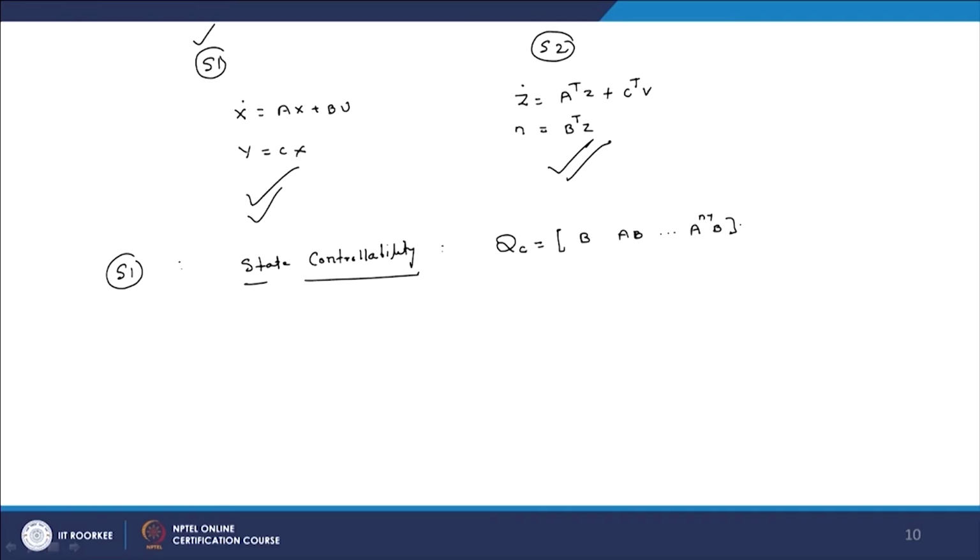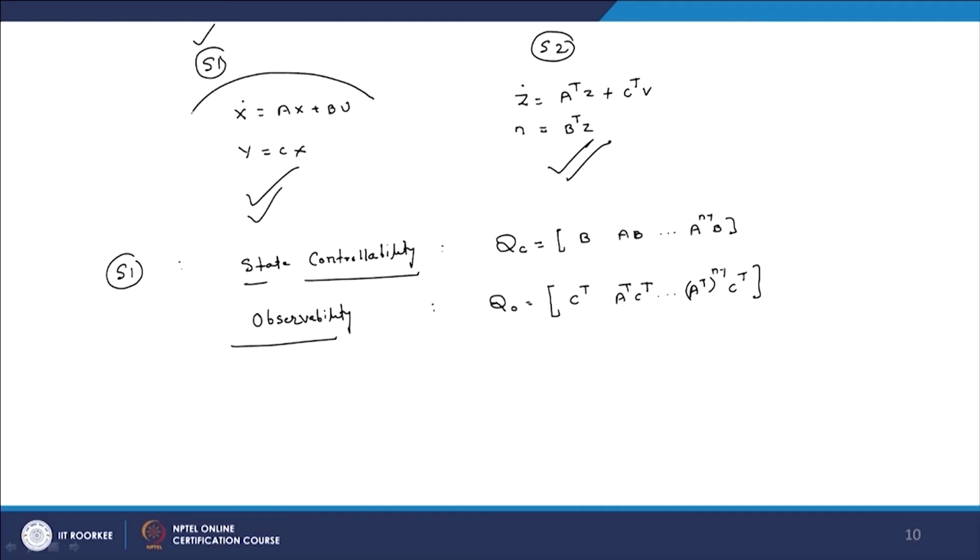Then observability for this system S1, that is Q naught. Observability means we write C transpose, A transpose C transpose, and this process repeated up to A transpose raised to n minus 1 C transpose. These are the controllability and observability equations for this particular system.